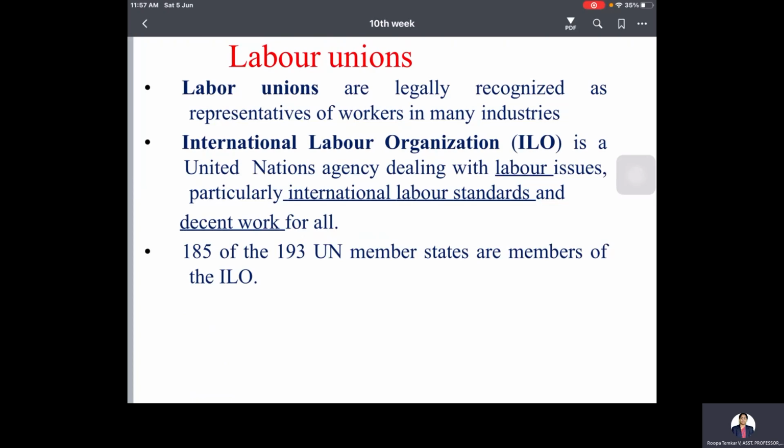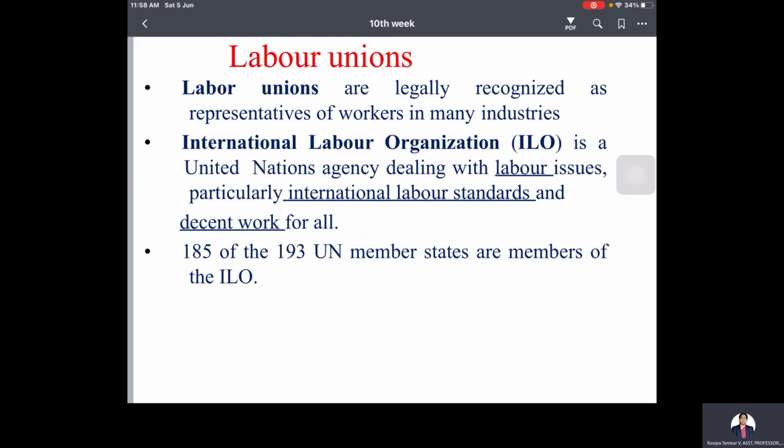Also in 2014, the ITUC debuted the Global Rights Index, which ranks nations on 97 metrics pertaining to workers' rights, such as freedom from violent conditions and the right to strike and unionize.